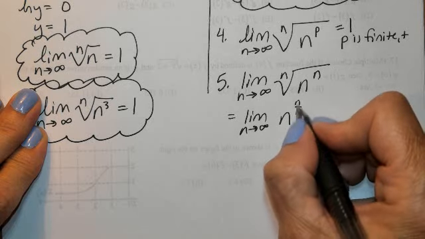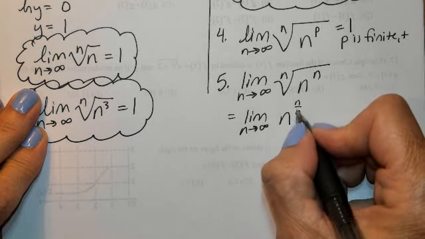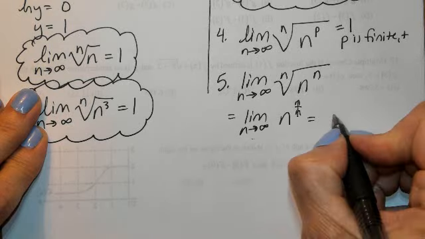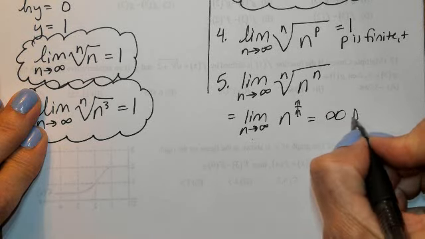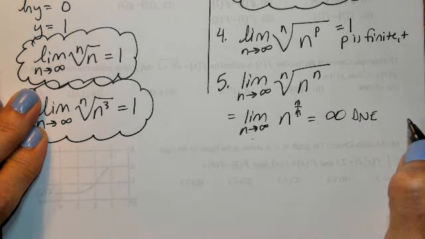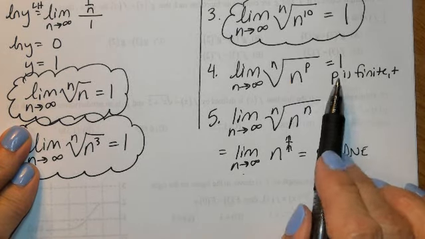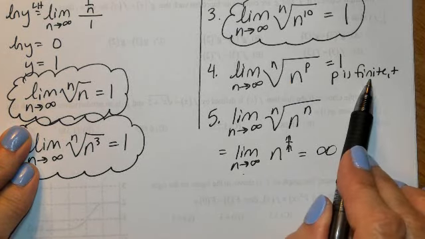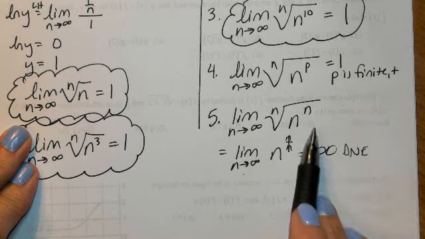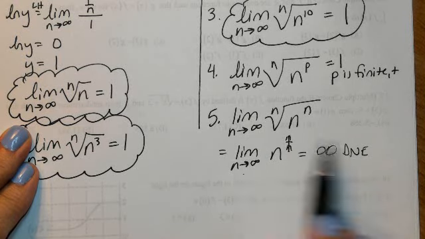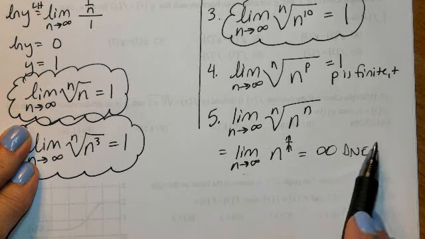Right? That reduces to 1. Now take the limit. This is infinite. Okay? So this is 1 as long as p is finite. But if that exponent is also going to infinity, then that limit does not exist. Okay?